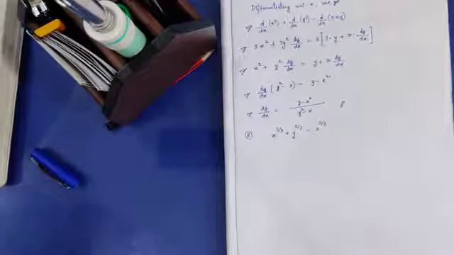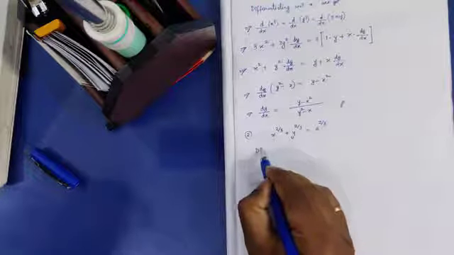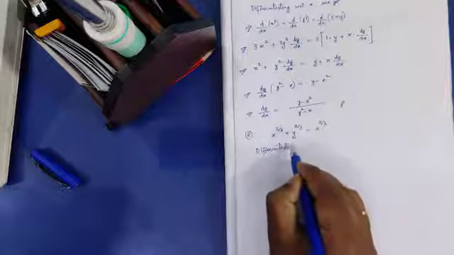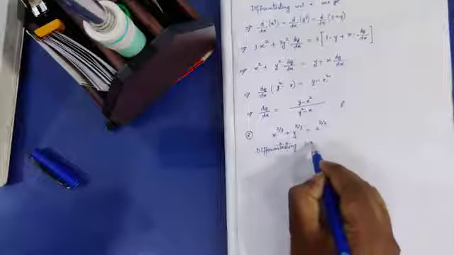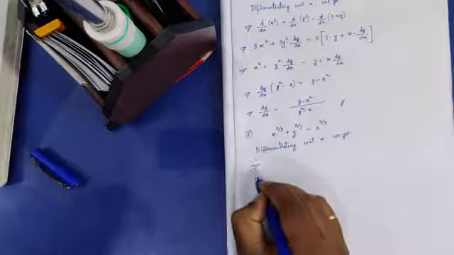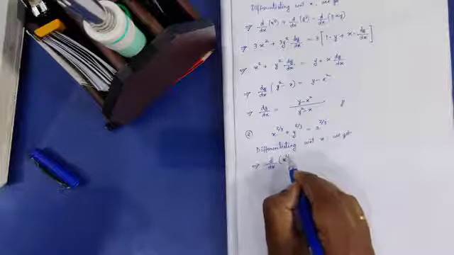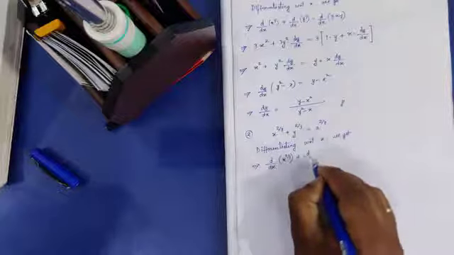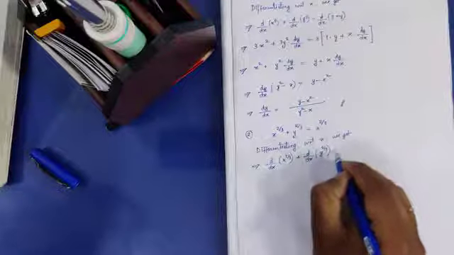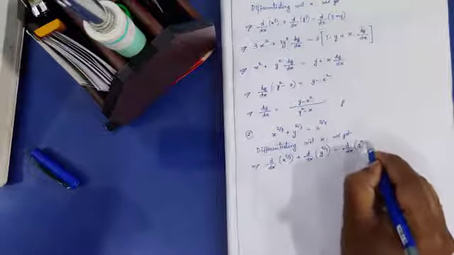This is the formula of the asteroid. Again, differentiating with respect to x, we get d/dx of x to the power 2 by 3, d/dx of y to the power 2 by 3, and d/dx of a to the power 2 by 3.